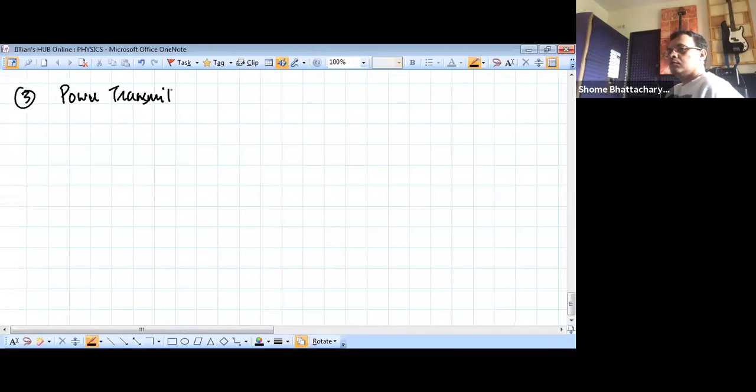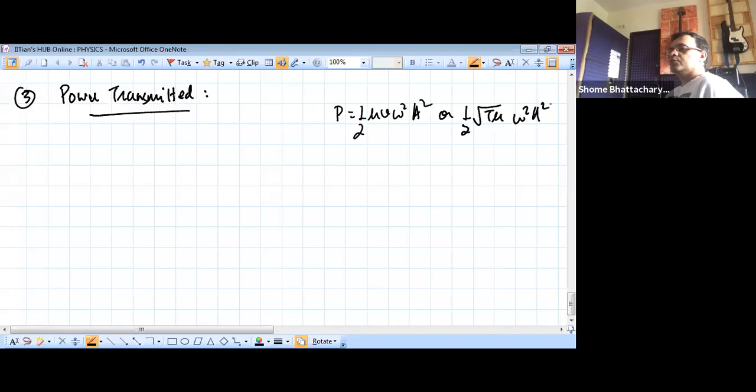So you know the general formula of power was half mu v omega square A square, or that's the same thing as half square root of tension into linear mass density into omega square into A square.